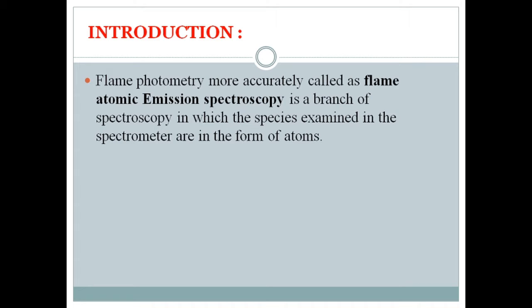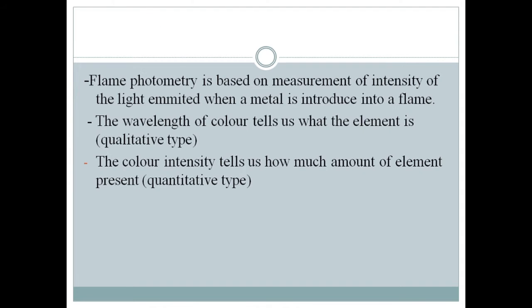So, flame photometry, more accurately called atomic emission spectroscopy, is the branch of spectroscopy in which the species examined in the spectrometer are in the form of atoms. Flame photometry is based on measurement of intensity of light emitted when metal is introduced into the flame.